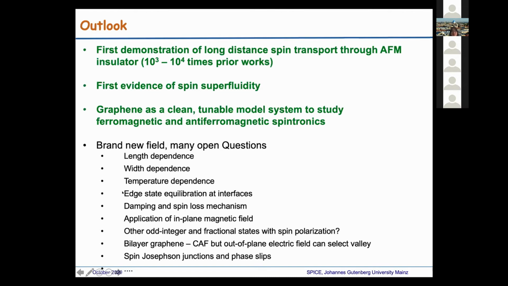And other questions such as the edge state equilibration and the spin damping mechanism. Can we use bilayer graphene, for example, where we can use an out-of-plane electric field to control the spin direction, and perhaps we can even start to think about more fancy devices such as spin-Josephson junctions, etc.